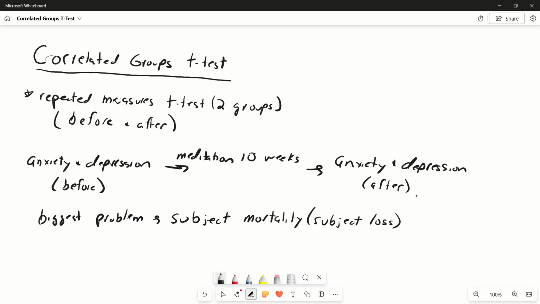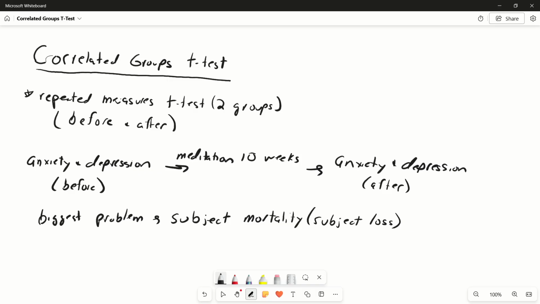But they don't show up. So you have their before score, but you have no after score, and now you have to eliminate them from the study because they're gone. And the bigger the gap here, the longer you have them wait, the more likely they're going to disappear. So that's subject mortality, and that's a big problem with this correlated groups t-test.